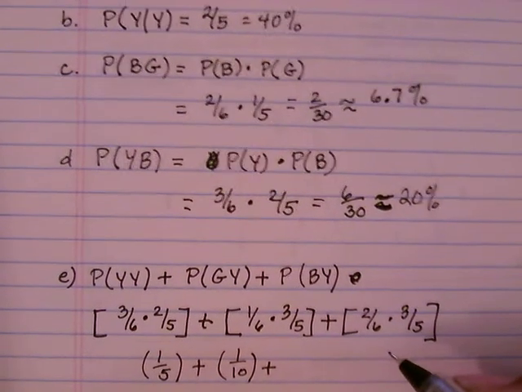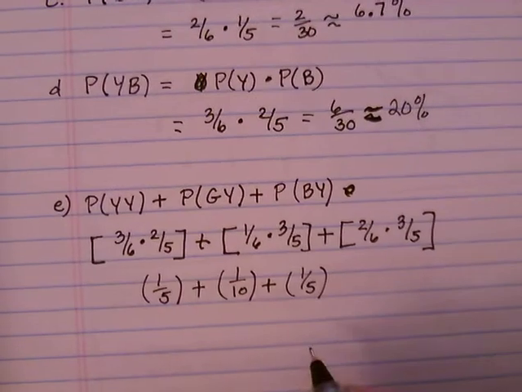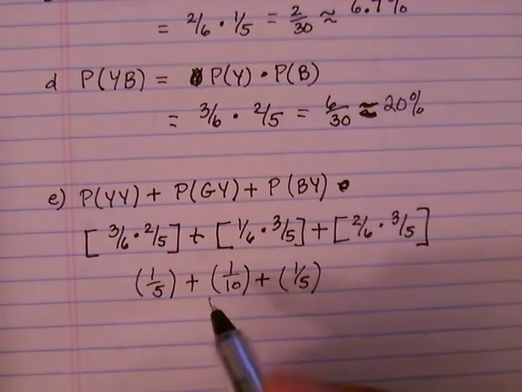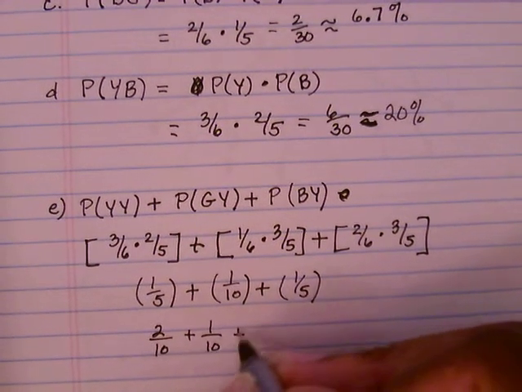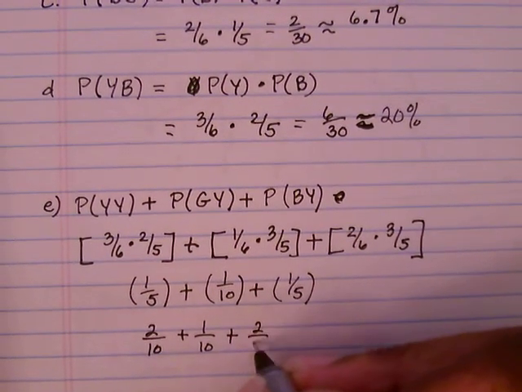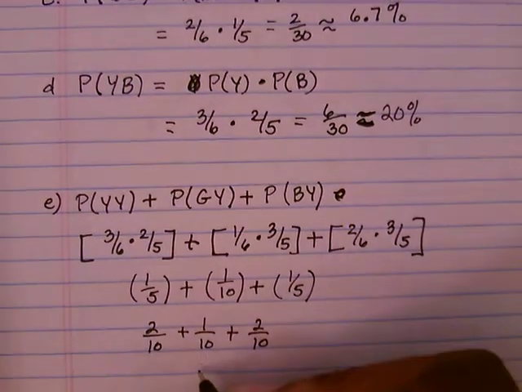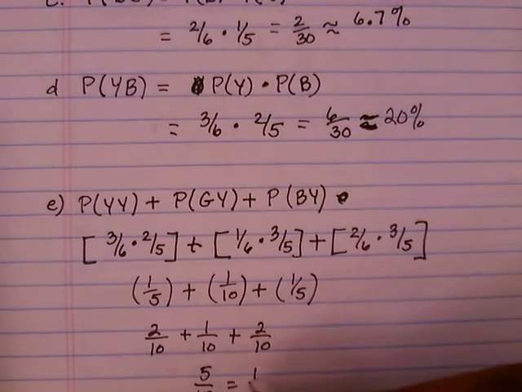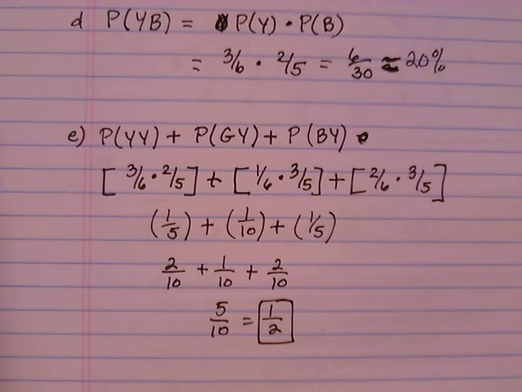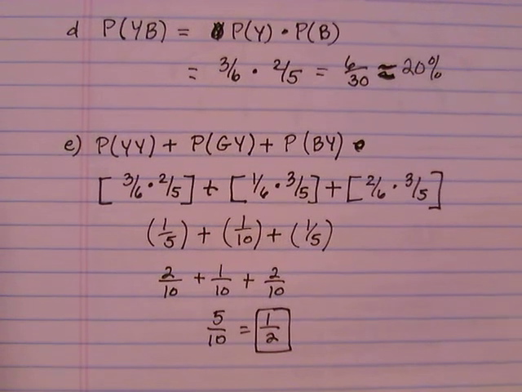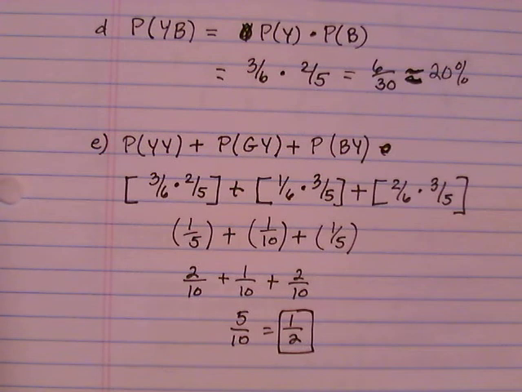This will end up being 1/5. Now 1/5 with a denominator of 10 would be 2/10. Then I add 1/10 plus 1/5 would be 2/10. 2/10, 1/10, and 2/10 would be 5/10, which is 1/2. So that means the probability, in this case, that the second marble is yellow would be 1/2. Okay.